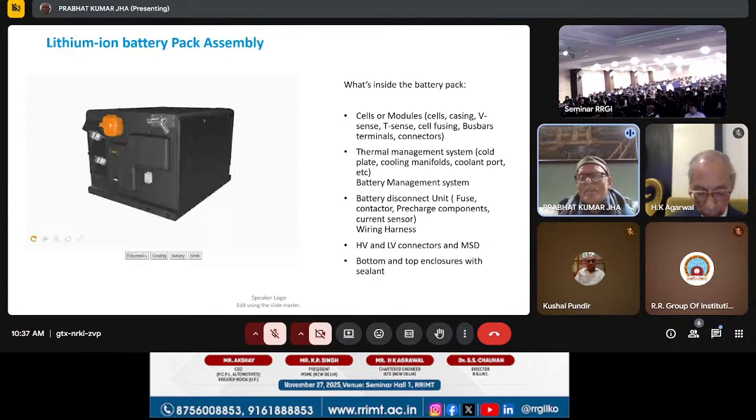They can understand in a better way. Then bus bars, terminals, connectors, and thermal management system, that is cold plate, cooling manifold, coolant port, etc. And then BMS, that is battery management system, high voltage and low voltage connectors, MSD, and bottom and top enclosures with sealants.